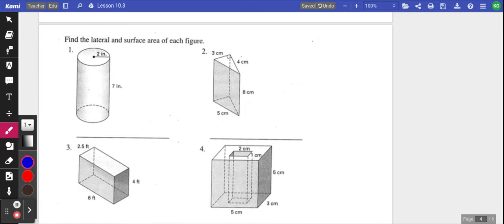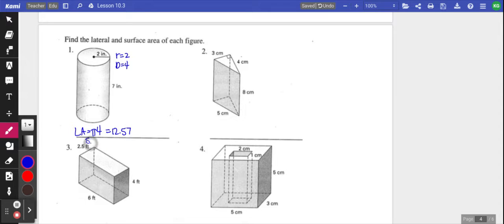Find the lateral area and the surface area for each figure. So again, for the lateral area, we need the perimeter of the base, which is a circle. So it's actually the circumference. My radius is 2, so my diameter is 4. So it's pi times diameter, 12.56 or 12.57.